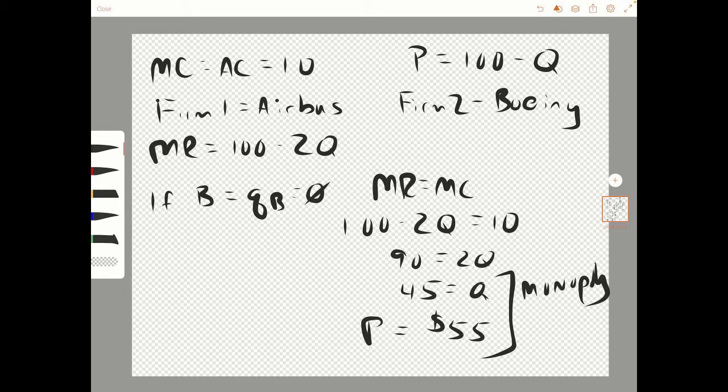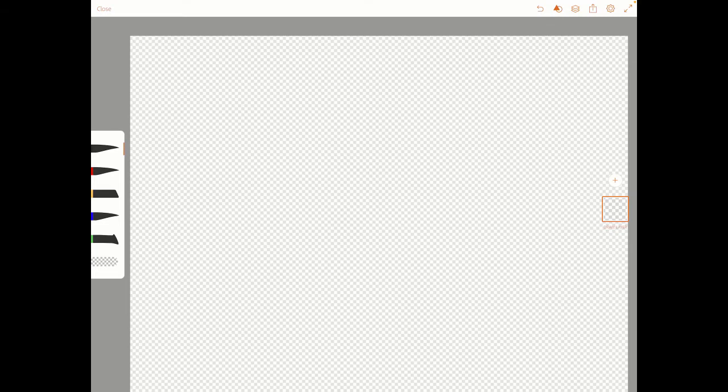This means for Boeing, they're just out of business. We can look at quantity here as being, again, Q is equal to QA plus QB. QB equals 0, so QA gets all of the output. So even though firm B is not producing anything, there is still a demand curve there.